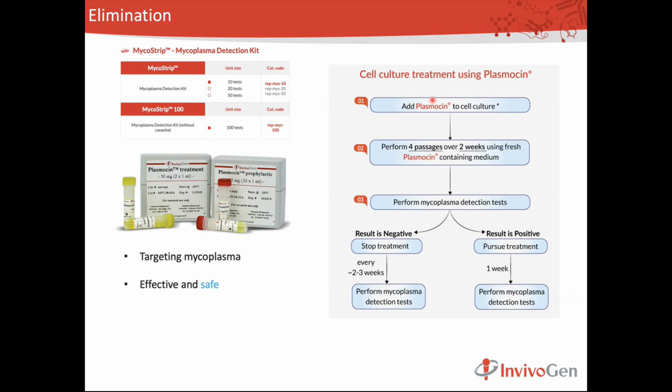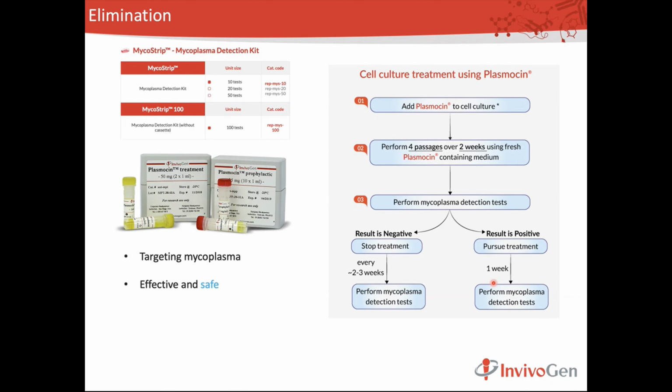You simply add the drug to the cell culture, 4 packages over 2 weeks, and then you can perform another test. Most of the time it should be clean, but if not, then you can continue another 1 week, and then you can detect the mycoplasma again. So this is the general way for us to treat mycoplasma.